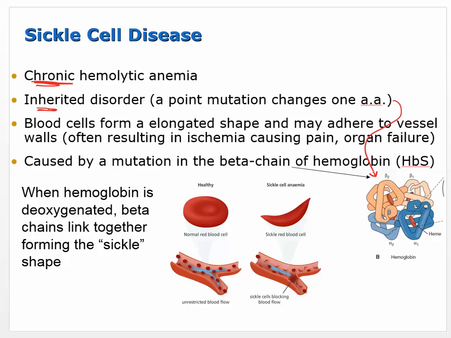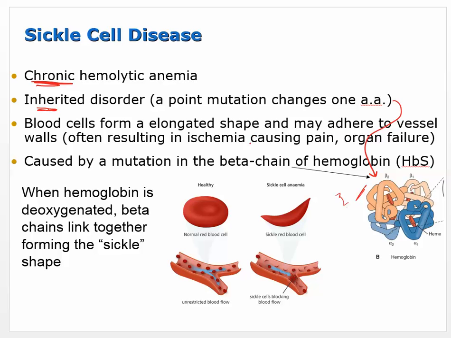So that means it's changing one amino acid on the beta chain, which makes this entire hemoglobin molecule kind of sticky when it's deoxygenated. So when it doesn't have any oxygen on it, it wants to stick to other hemoglobin molecules.